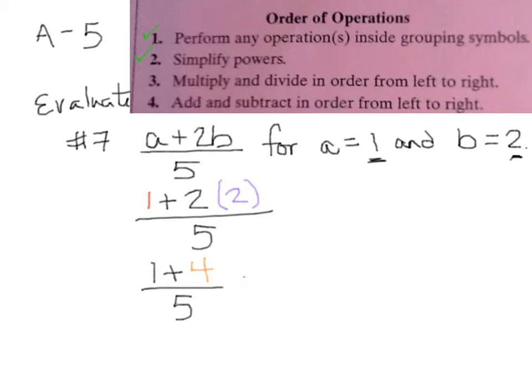That's going to be equal to, and now I see this division sign, but I can't divide until I've collected everybody in my numerator and everybody into a single number in my denominator. So I have to take care of this 1 plus 4 first. That gives me 5, and then once again divided by 5, and 5 divided by 5, of course, is 1, and that is my final answer for this one.